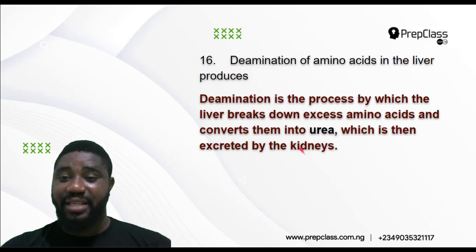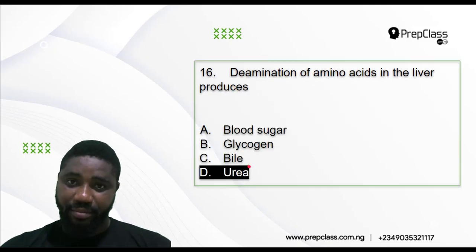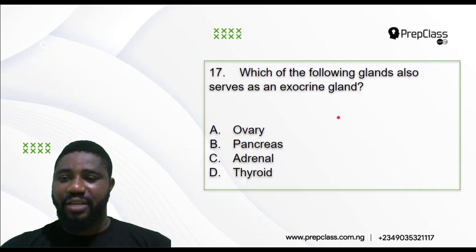So that simply means that deamination of amino acids in the liver produces what? Urea. So the correct answer to the question is what? Urea. Very simple.